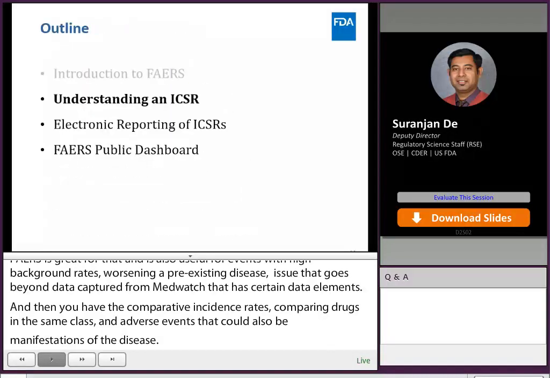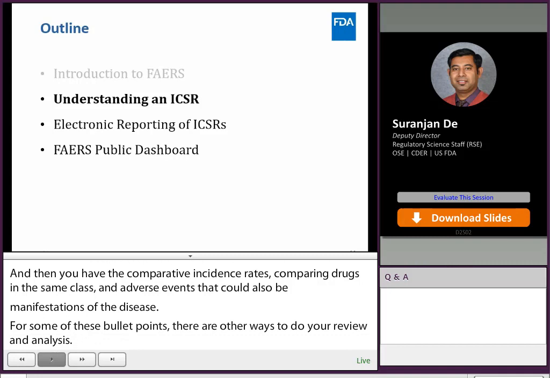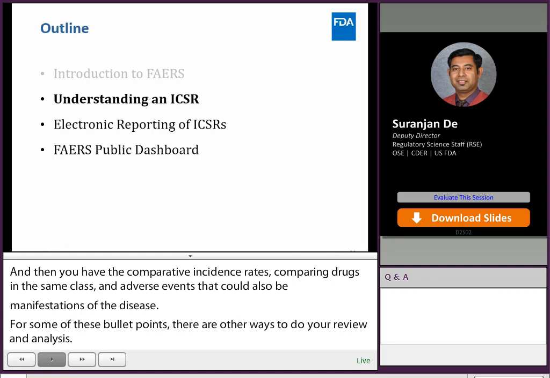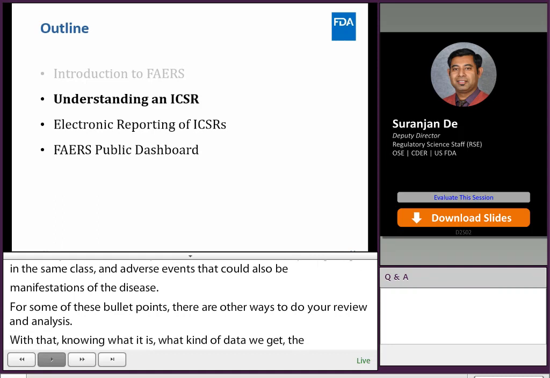So with that, knowing what FAERS is and what kind of data we get, the building blocks are the ICSRs that we receive in FAERS. So I think it is important for us to understand what an ICSR is, and so we will now go into understanding an ICSR.